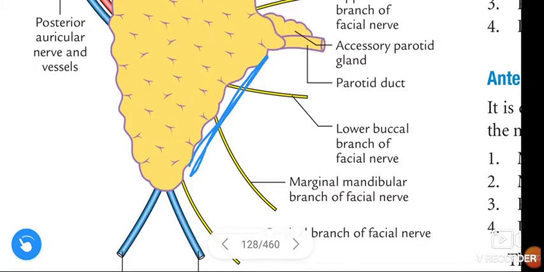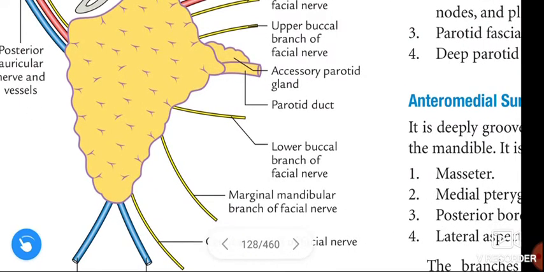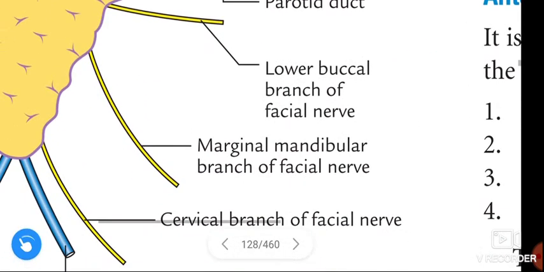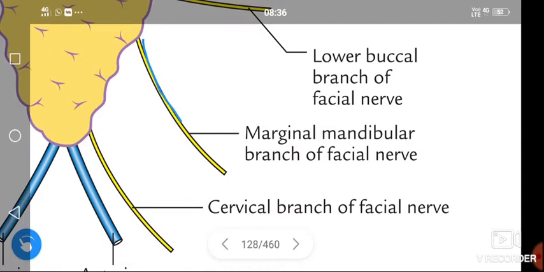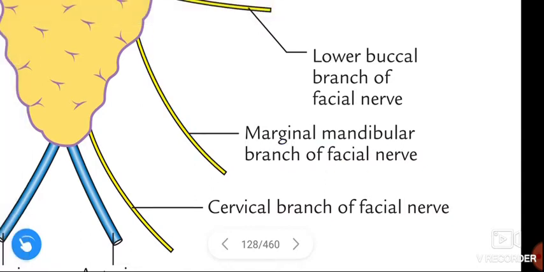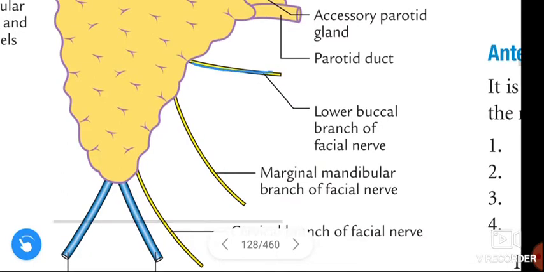This whole thing is the anterior border, and the structures below the parotid duct are this, the lower buccal branch, and this, the marginal mandibular branch of the facial nerve.